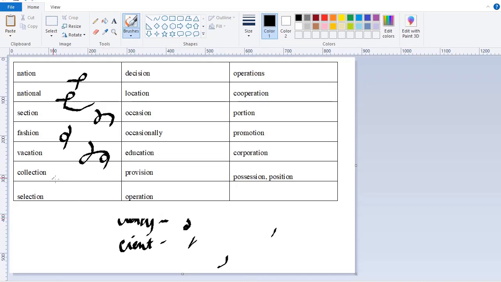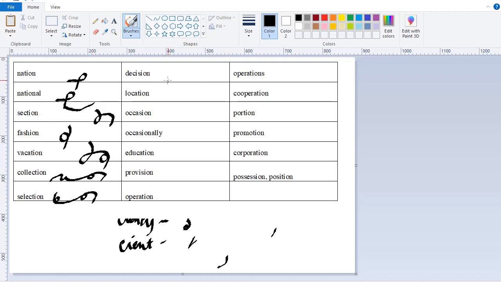Next, we have collection, then Shon. Collection. Selection: we have select, then Shon.